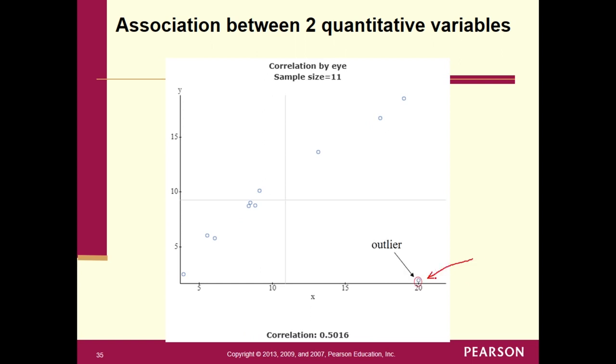That's clearly an outlier; it completely bucks the trend. The trend is going like this for these 10 observations, and we had this one crazy outlier. Notice what happened to our correlation. It went from 0.99 down to 0.5, just by one observation. So the correlation coefficient is not resistant to outliers, and you have to pay attention to whether you have outliers in your data.